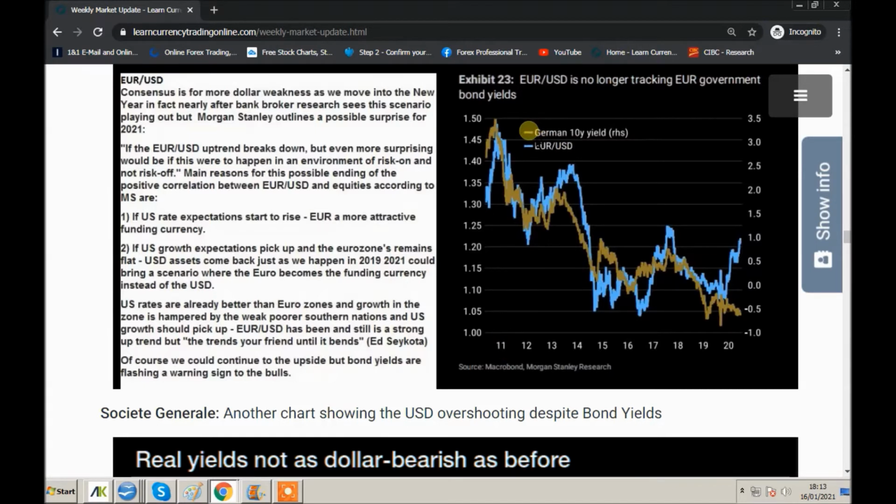And what you'll notice is when the brown line, the yield on the bonds, goes down, it tends to drag the euro with it. The euro gets a bit away to the upside there, but quickly rolls over, goes below bond yields. Try and get above them there. Well, we do get above them there, then we come straight down with yields. Now, if you look at the gap between there and there, it's by far the biggest on this chart.